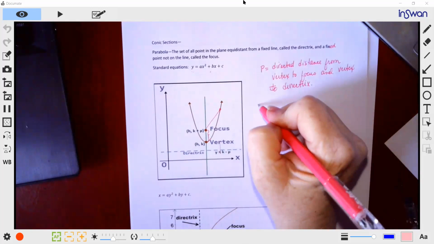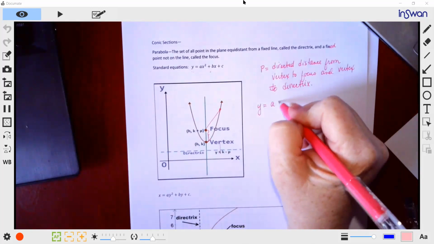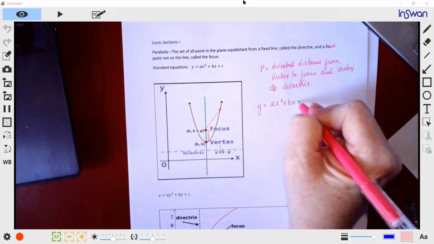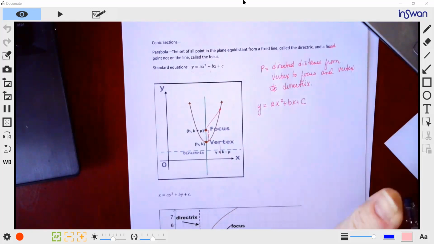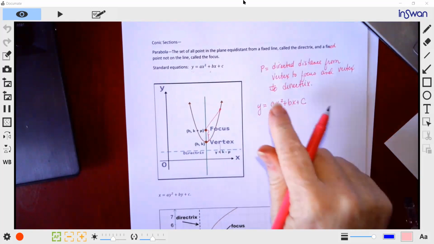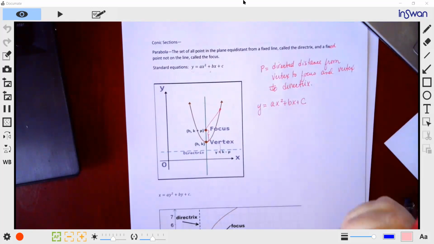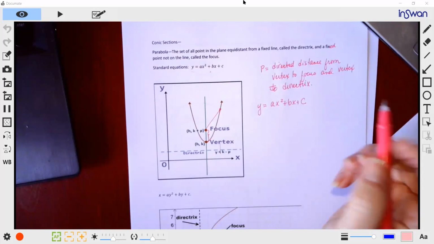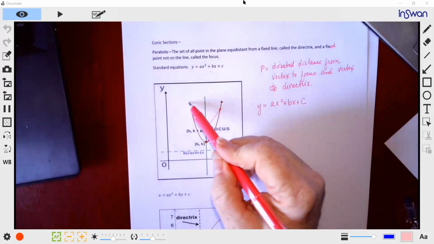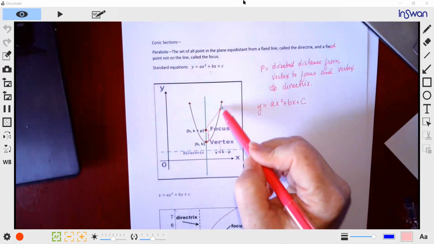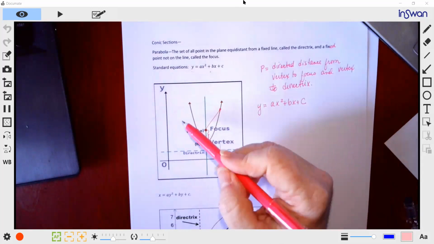Now, what can you tell me about a parabola of this sort based on things you already know? Do you know how to find the vertex of that parabola? I know I'm asking you to pull stuff from Cal 1 or college algebra, but you can do it. Do you agree that the vertex is the highest point or the lowest point on a vertical parabola?